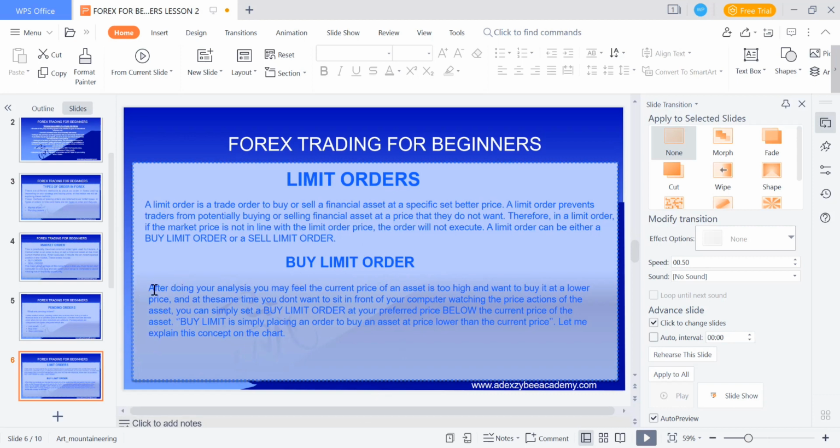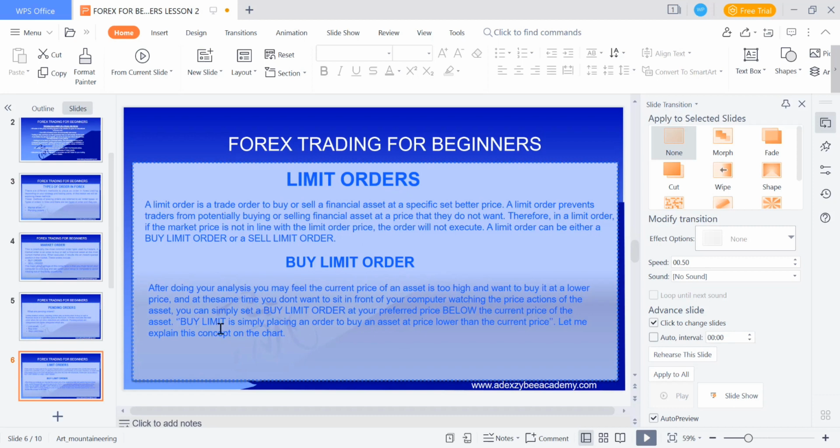After doing your analysis, you may feel the current price of an asset is too high and want to buy it at a lower price. And at the same time, you don't want to sit in front of your computer watching the price action of the asset. You can simply set a buy limit order at your preferred price below the current price of the asset.